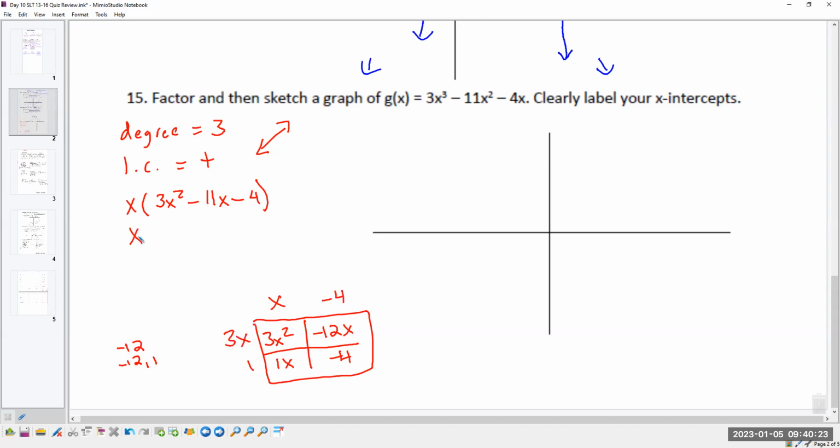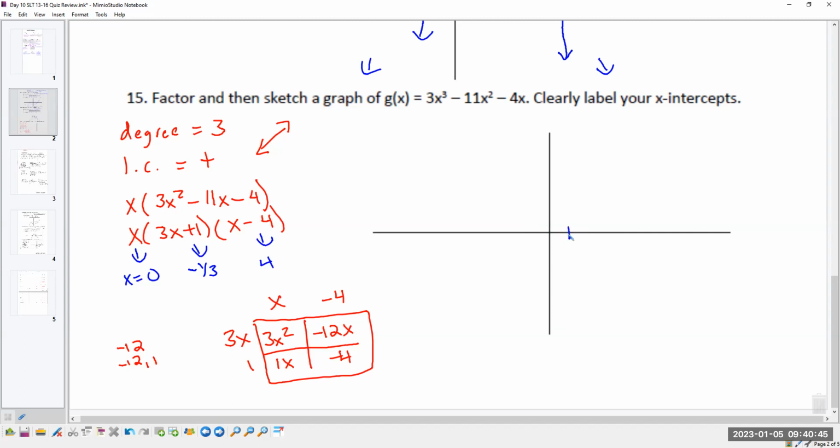So this is going to be x, 3x plus 1, x minus 4. All right, so now I want to be careful here. I have 3 zeros. I have 0. I have -1/3. And I have 4, and they're all single zeros, which makes the graph easy to draw.